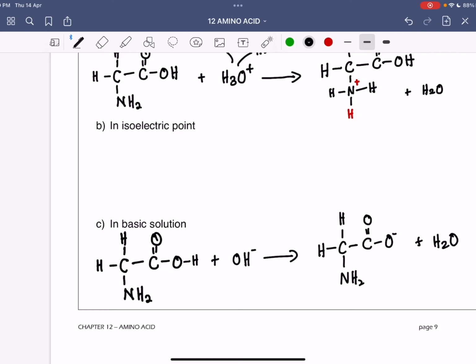Isoelectric point is where both charges exist at the same time. So how are we going to draw this? This one will be C, H, H, N, H, H, H positive, C double bond O, O minus.